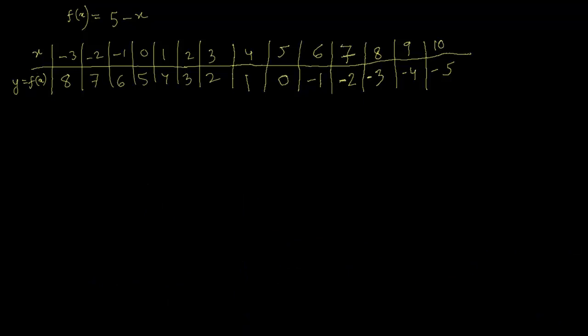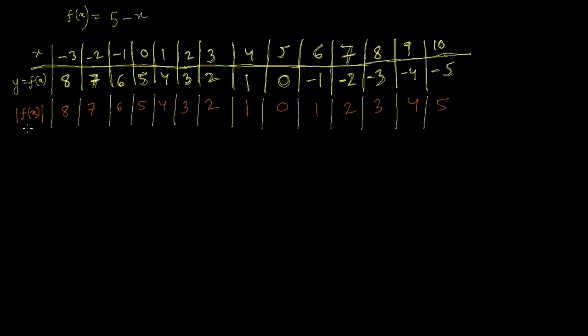Once you have this, now suppose you have to do the transformation of y equals the absolute value of f(x). Absolute value means you just get rid of the negative sign. Whatever you have, the value would be without any sign at all.